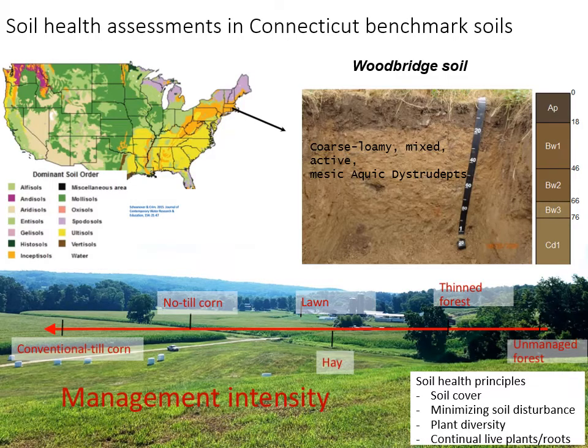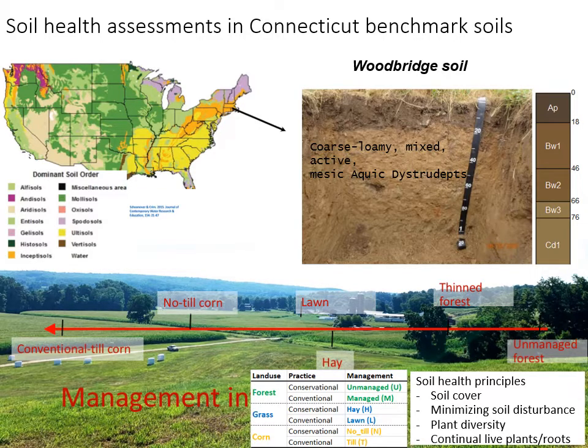In Connecticut, we sample soils from a gradient of management intensity, including a managed forest as reference habitat and managed forests that have been under regular thinning practices, grassy habitats as hay or residential lawn, cornfield under no-till practice for over 10 years, or cornfield under long-term conventional till practice.